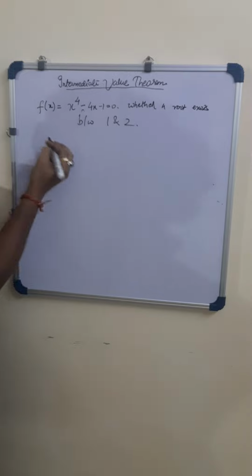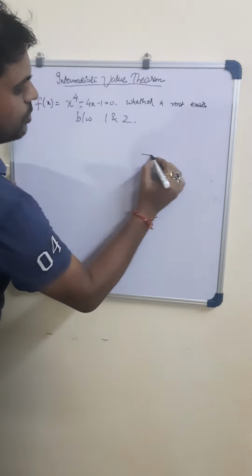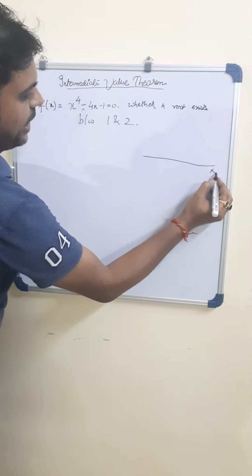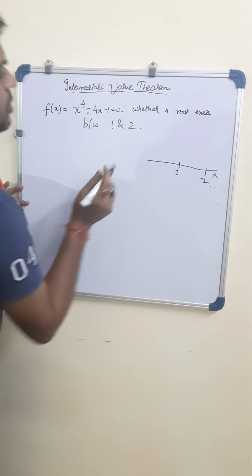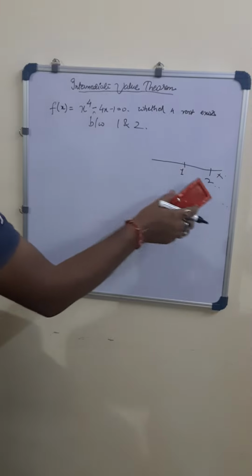So essentially again we will be dealing with 1 and 2. On the x-axis we deal with 1 here, and we have to determine whether there exists a root between these two numbers.